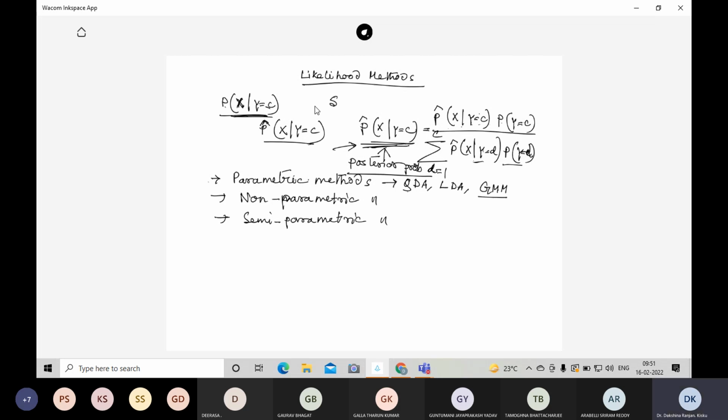Okay, quadratic discriminant analysis, linear discriminant analysis, and Gaussian mixture model. And in non-parametric, we will see the kernel density estimation, or in short KDE, and histograms.